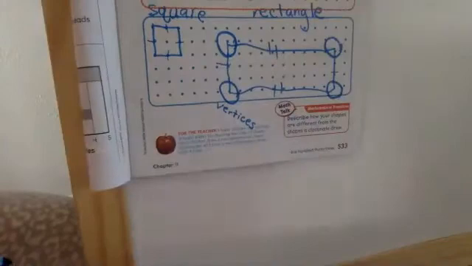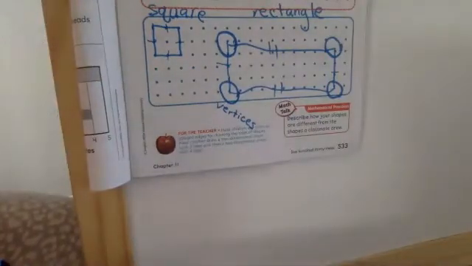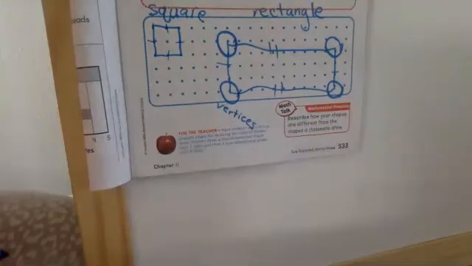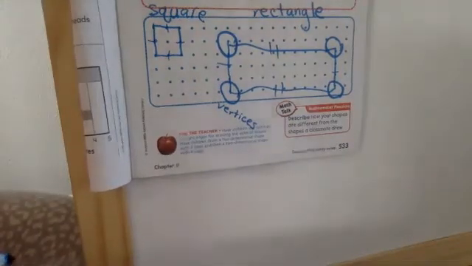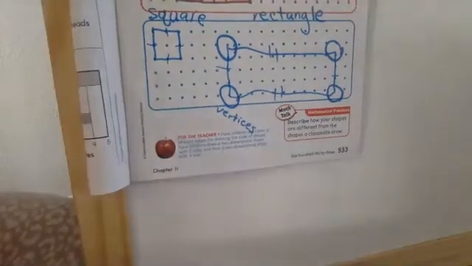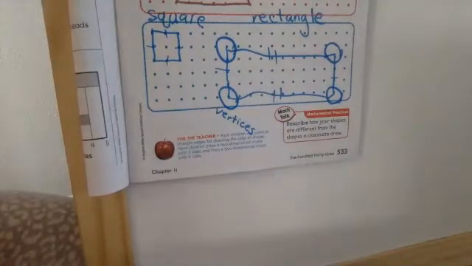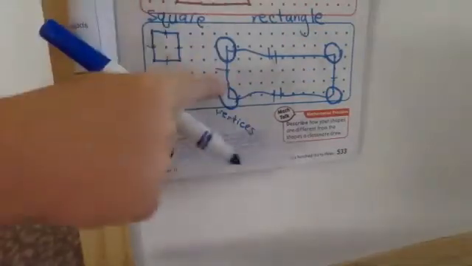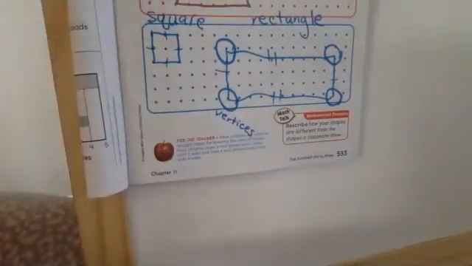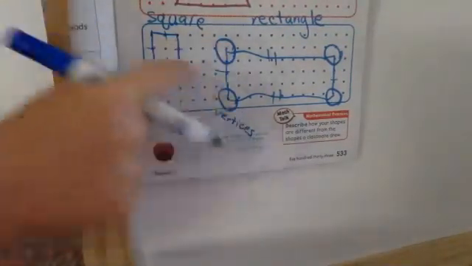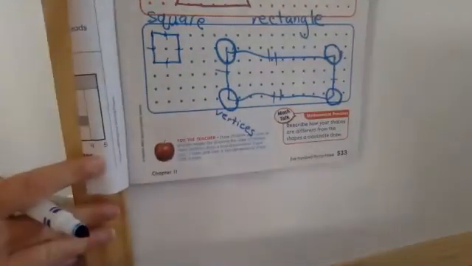So he is doing a great job. So the corners or the vertices. There are some shapes that don't have vertices because they do not have a point. But our triangle, rectangle, and square all have vertices or points to come to.